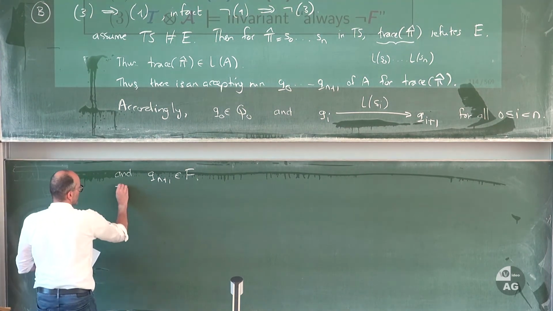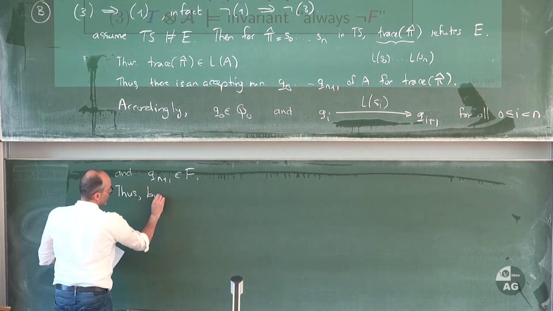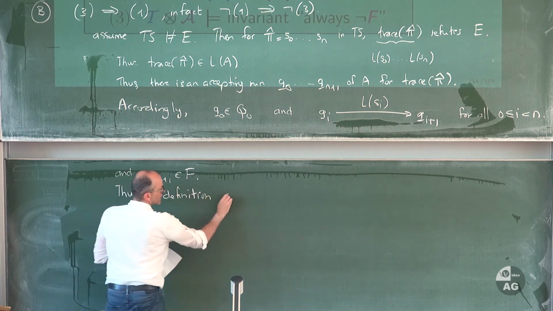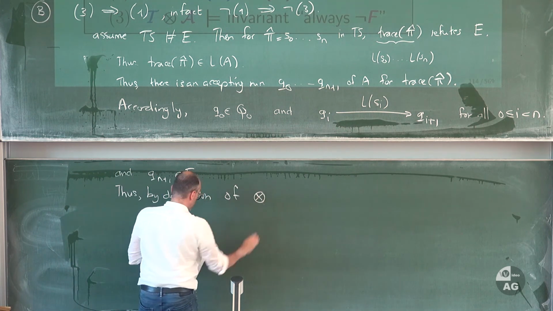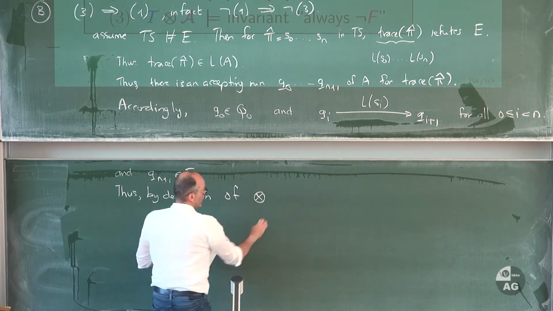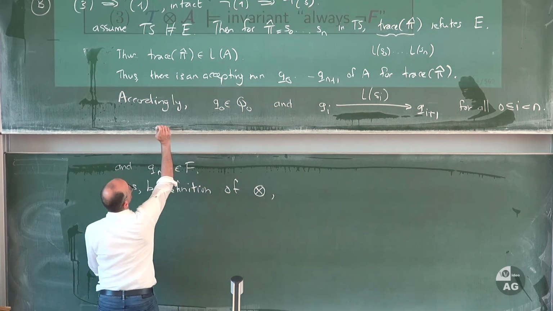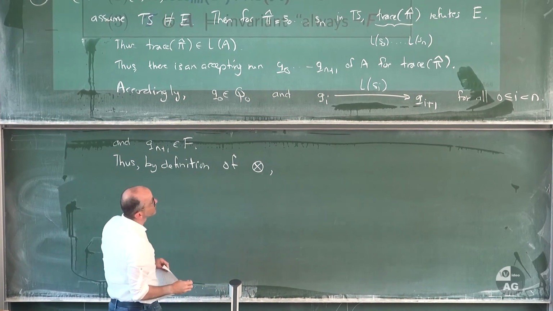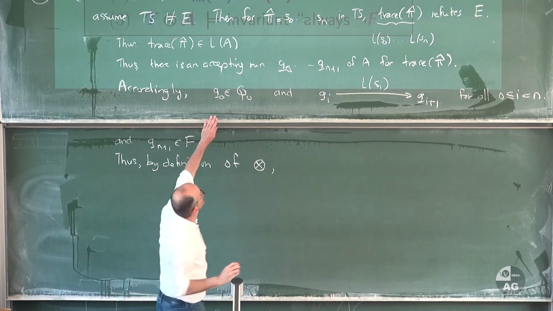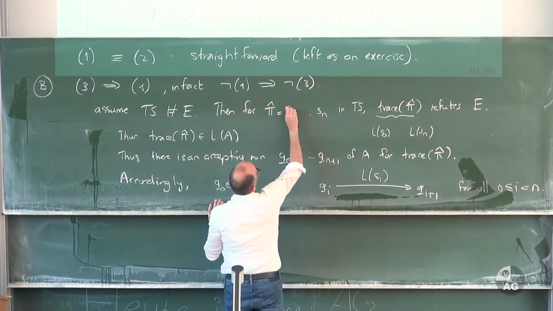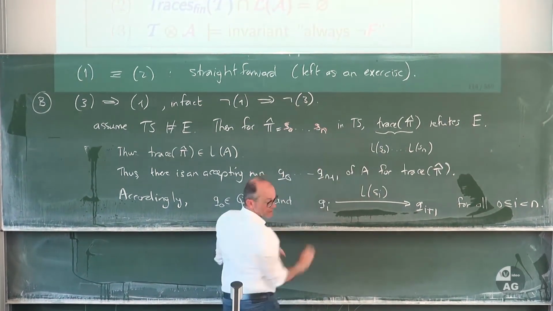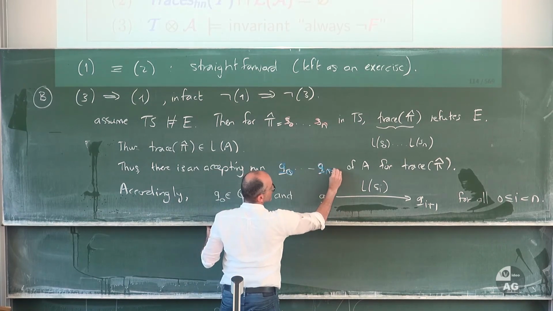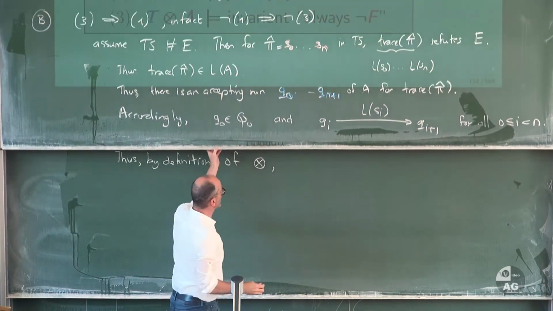So then, by definition of this product operation, we have, and now we can combine the two things. So now I combine the string S0, Sn and these Qs. So similar as before, I have these S's, I have these Qs, and now I'm going to combine this.